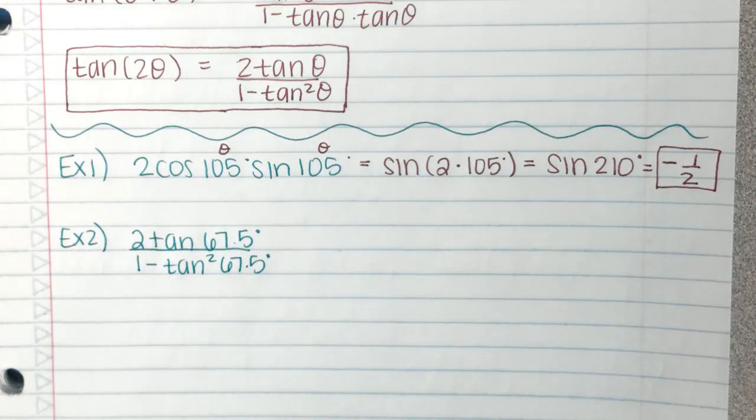So these two are really good examples of, if you don't have the double angles memorized, you'll struggle a little bit just because you have to be able to identify right off the bat what it is we're doing.